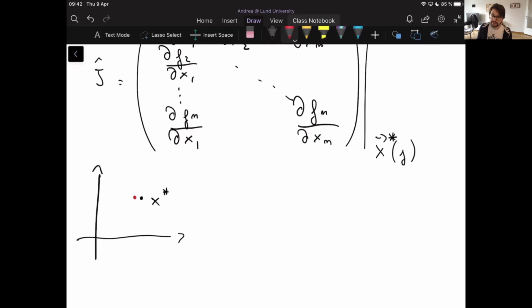In 1 dimension, either it approaches or it goes away from the fixed point. You have only 1 dimension. At most, it could approach by alternating between larger and smaller than the fixed point. Here, you don't have a notion of order. You don't have a larger than x star or a smaller than x star.